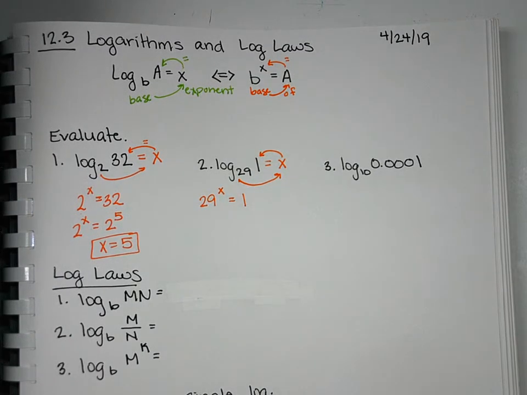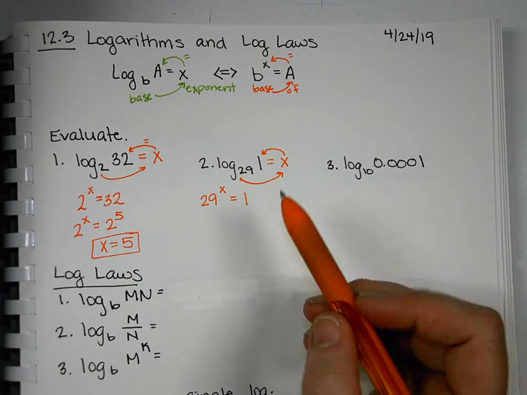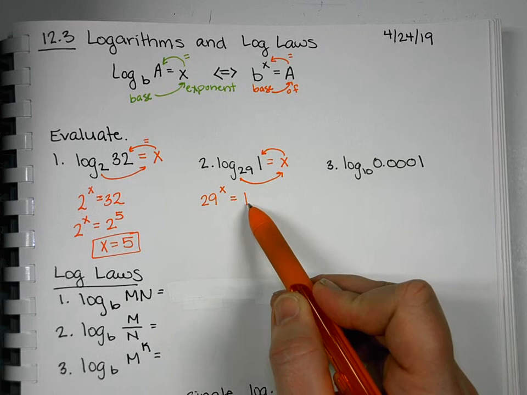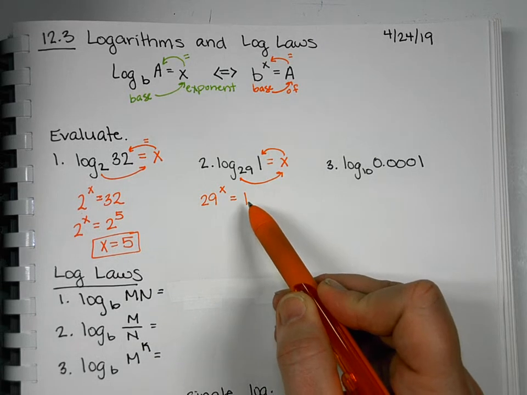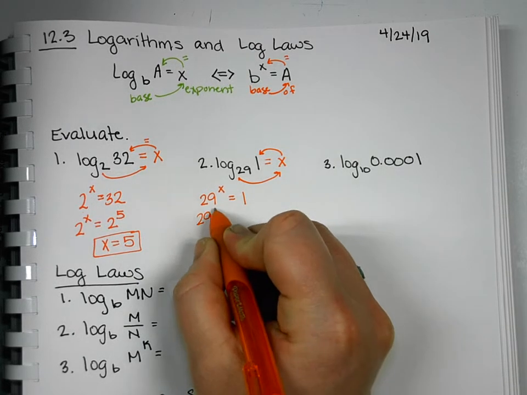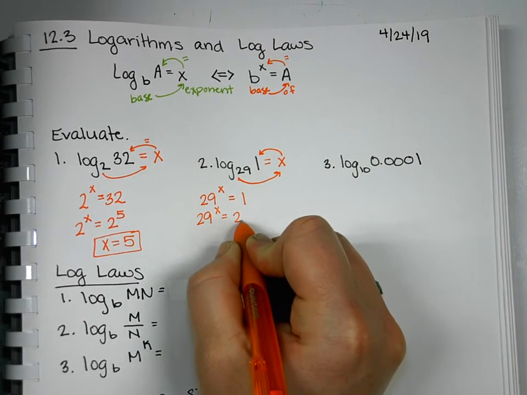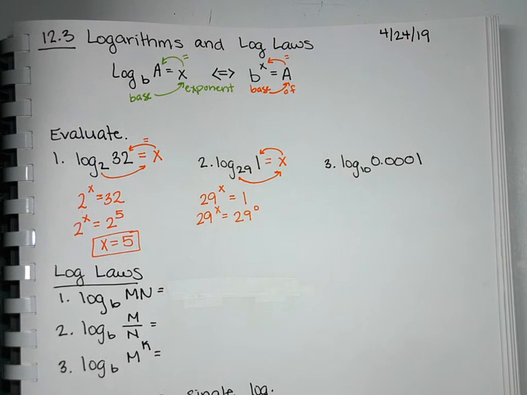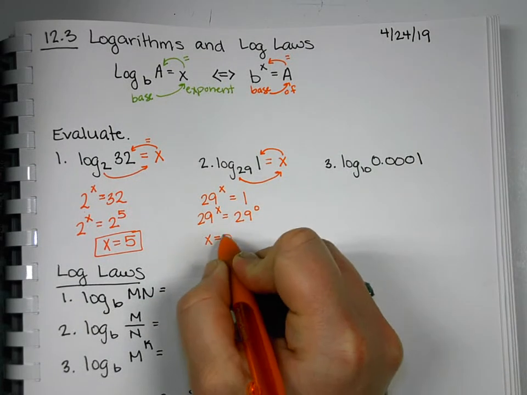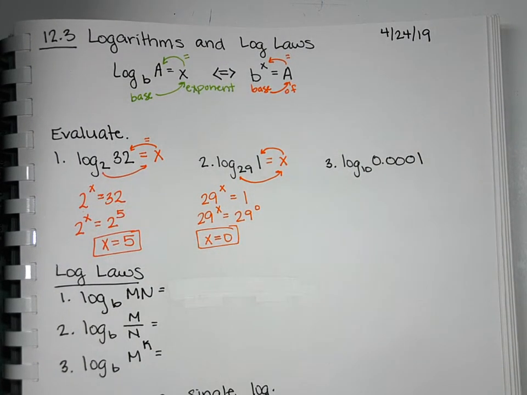This is also similar to one we just did. If we're trying to get them to be the same base, and I have a 1 here, the only way I can get 1 is if I had 29 to the 0 power. So I'm going to rewrite this as 29 to the 0 power, because that's the only way we can get a 1. So that means x would have to equal 0.